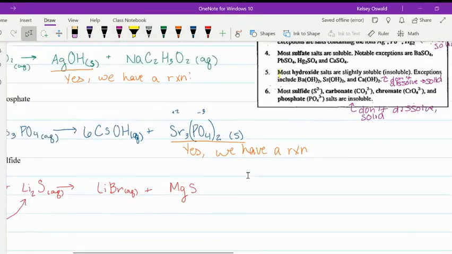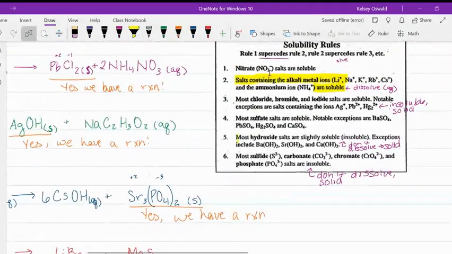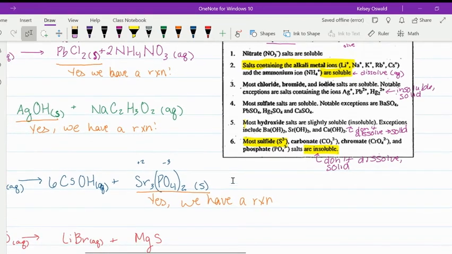Then we come over and look at a rule for sulfides and magnesium. We don't see anything with magnesium or sulfide until we get to this last rule that tells us most sulfides are going to be insoluble. Most compounds with sulfur are not going to dissolve, and they're going to remain as a solid.